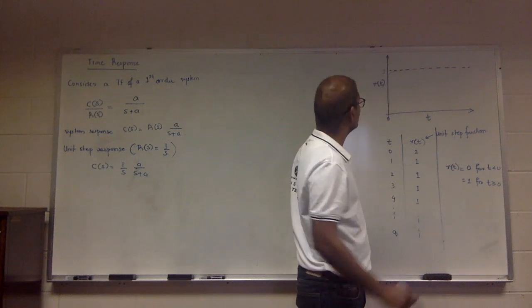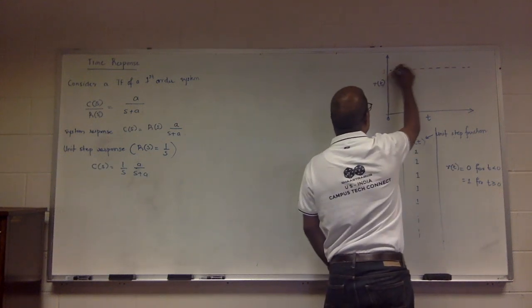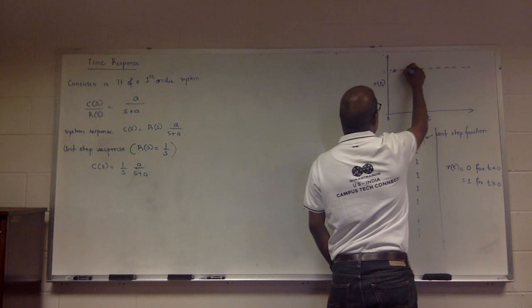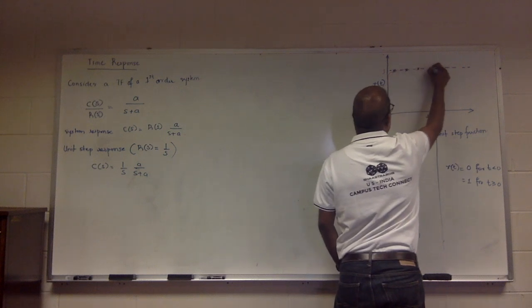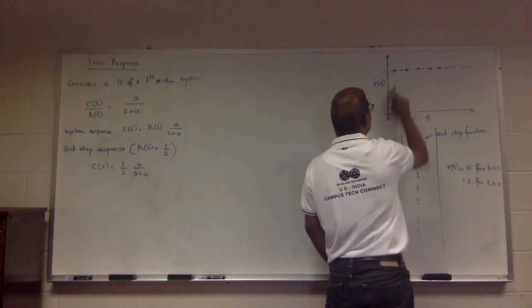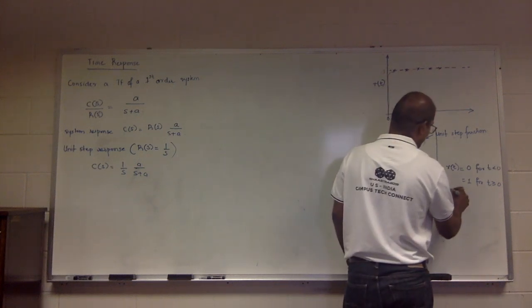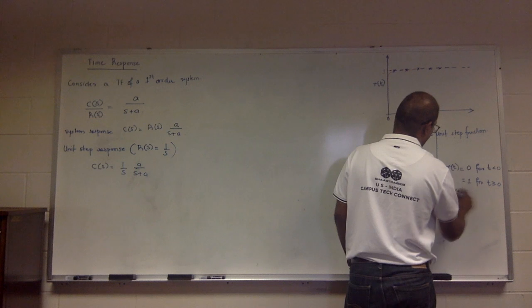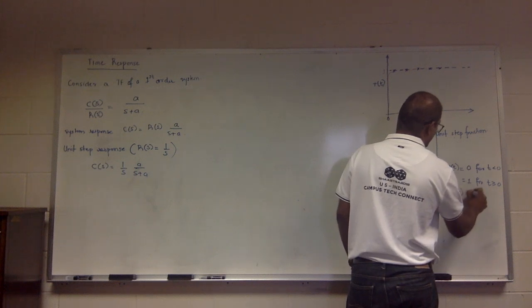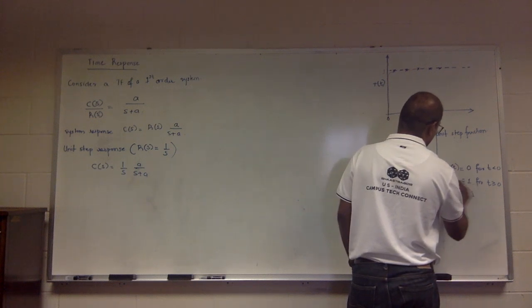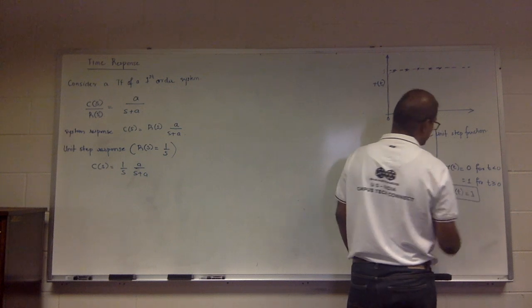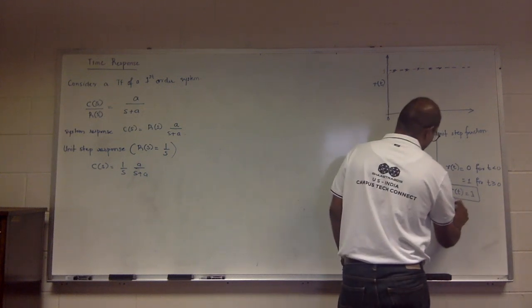So there are how many points? There are infinite number of points here. You're just joining these points. You're essentially plotting this 0 and 1. So for all practical purposes, what you can say is R of t is equal to 1, right? For unit step function. This is also represented by u of t.